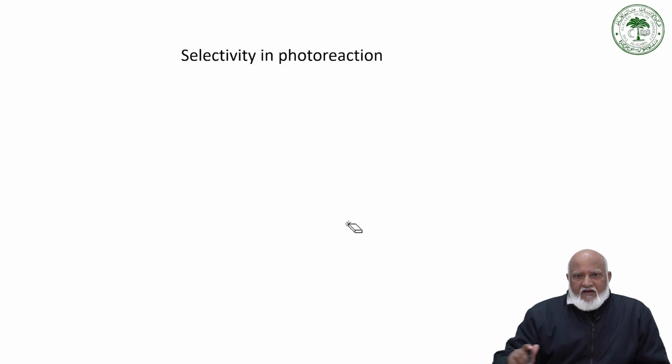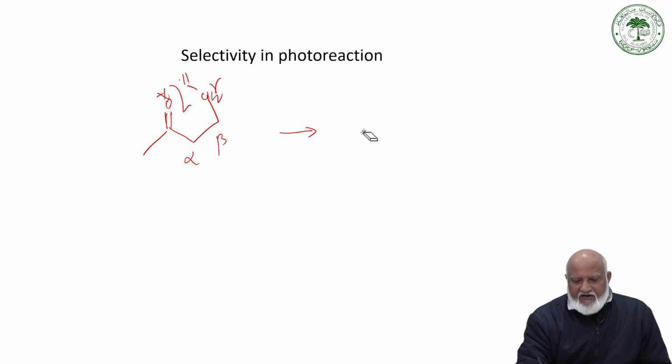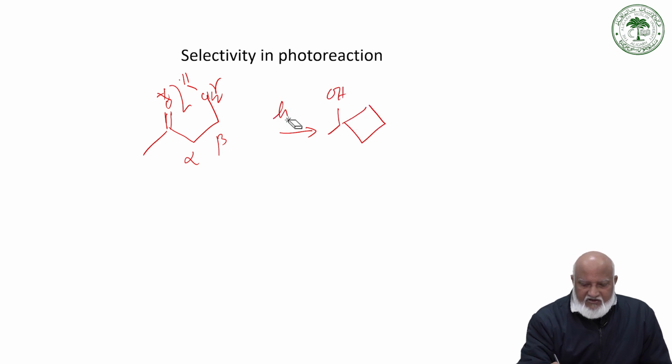So people have tried, say for example, C double bond O, alpha, beta, gamma. This is a carbonyl, alpha, beta, gamma, and then the excited carbonyl abstracts this hydrogen. So we get the products, with h nu in the presence of a suitable solvent.